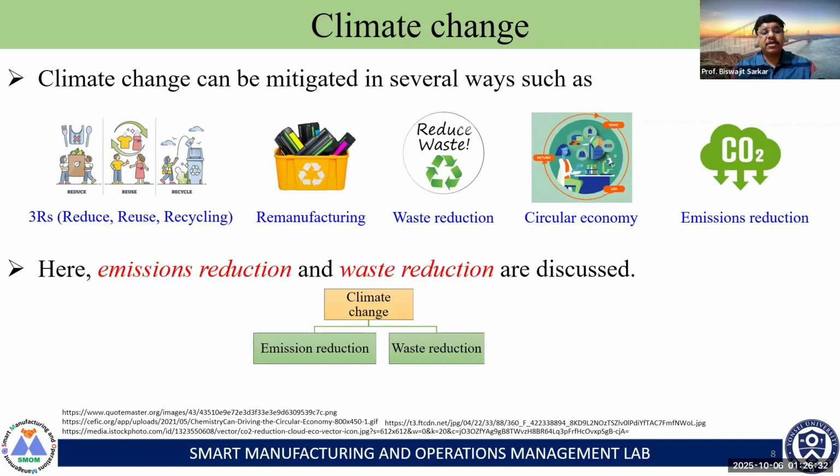Now the next point is remanufacturing. Remanufacturing is that during production there are some defective items that can be produced because of machine problems. Maybe suddenly the machine becomes overheated and then it starts to produce defective items. So this way the defective items can be produced.